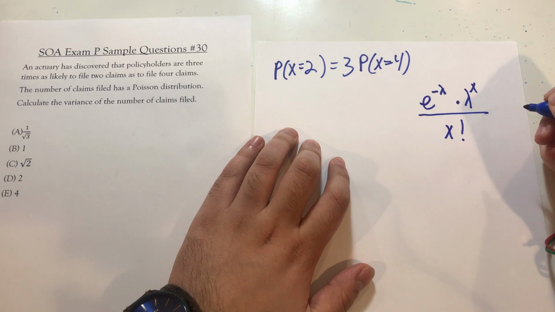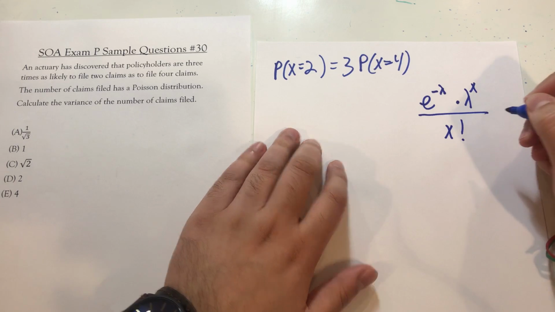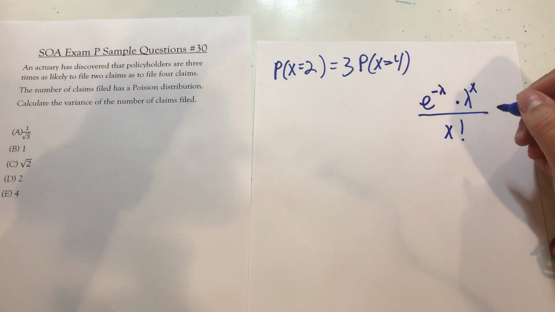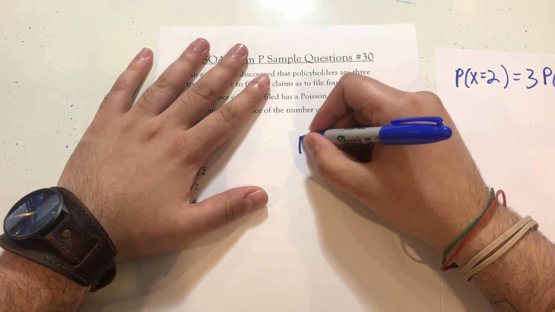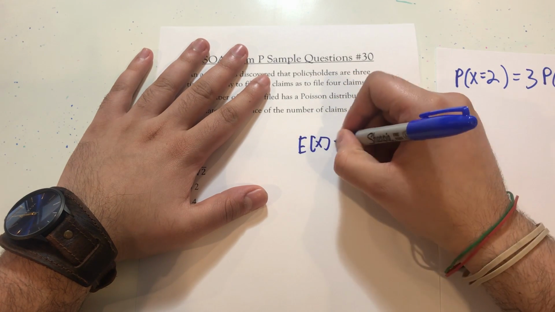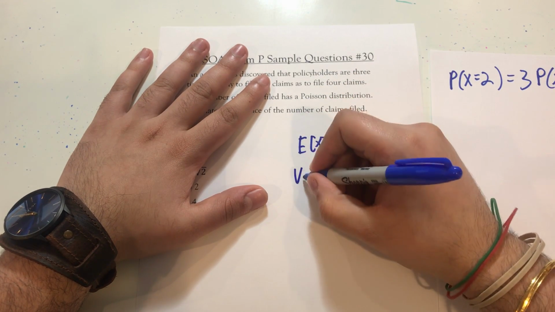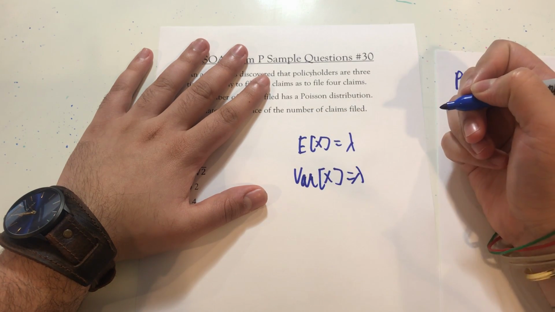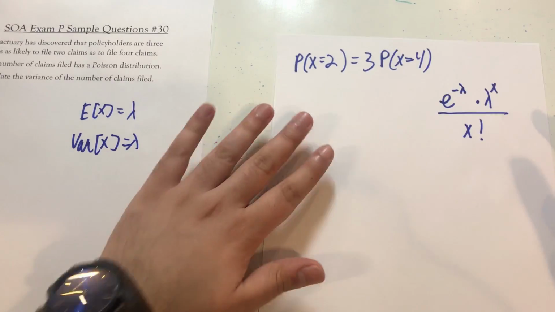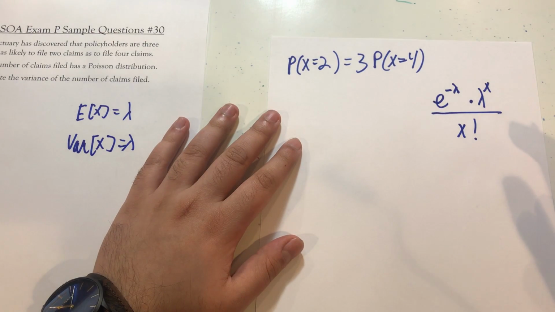Okay, and we're asked to calculate the variance. And what's really nice about a Poisson random variable is that the expected value is lambda and the variance is also lambda.